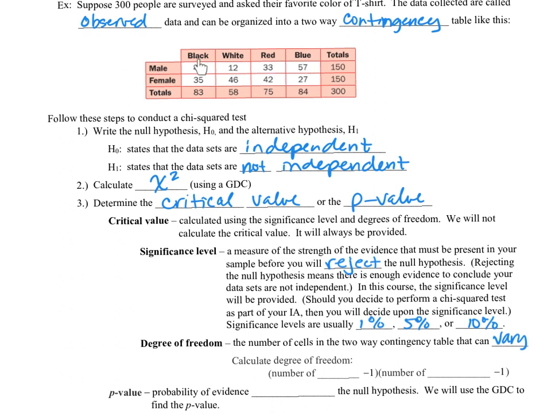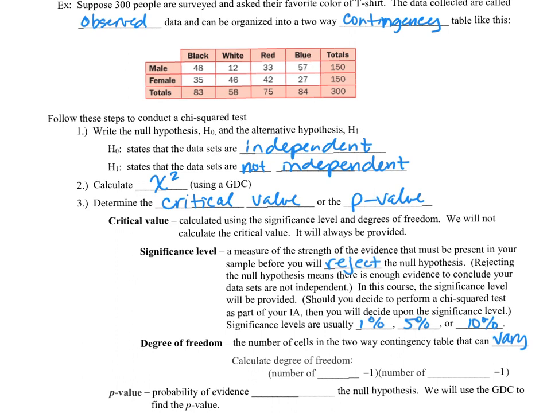So on the first day, you would have four t-shirts to choose from. On the second day, you'd have 3 colors to choose from. On the third day, you'd have 2 colors to choose from. But on the last day, you don't have any freedom. There's only 1 color left, and so there's no freedom of color on that 4th day.